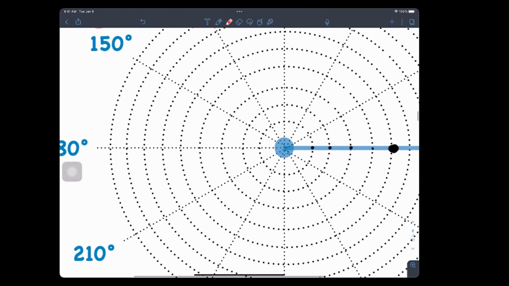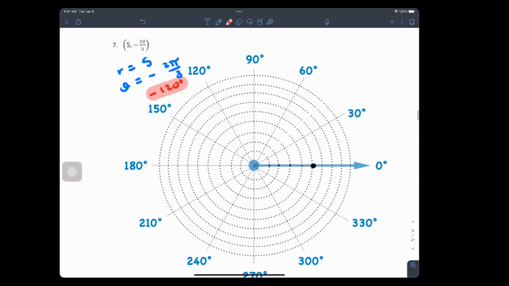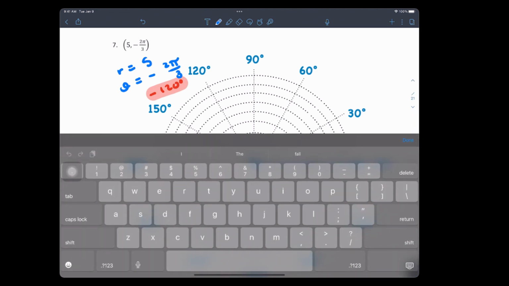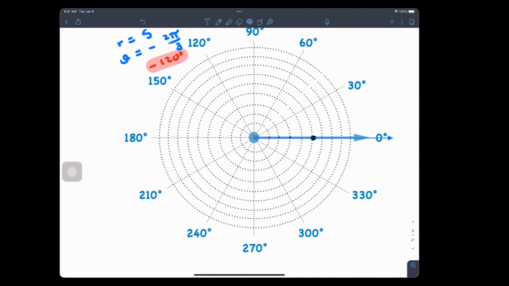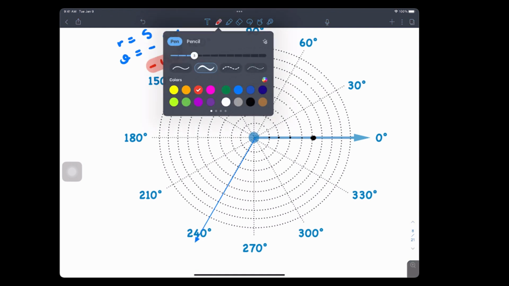Okay, so what does that look like? Well, yeah, it's going to be a clockwise rotation. But notice what I do. Isn't this 90 degrees? Then I have to do another 30 degrees. So I want people to understand this little detail here.